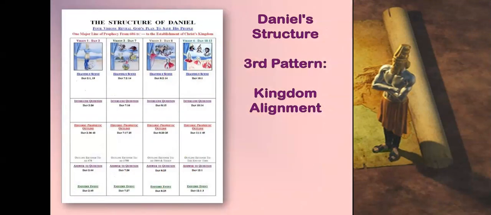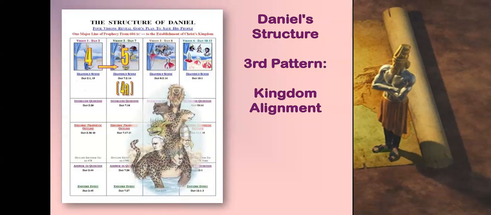So Daniel's structure, the third pattern we're going to look at within Daniel's structure involves kingdom alignment. There were 4 kingdoms in Daniel 2. We just reviewed those: Babylon, Medo-Persia, Greece, and Rome. And then it progresses forward to Daniel 7, which reveals the 5th kingdom.